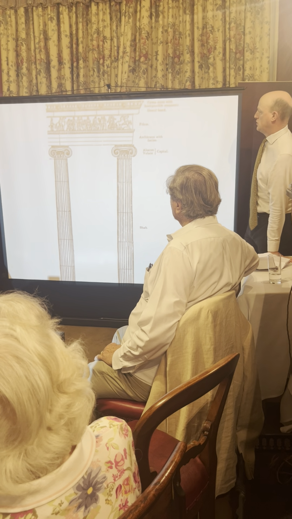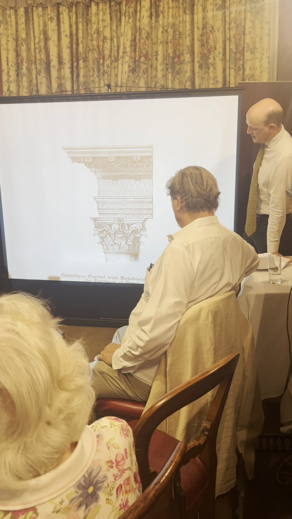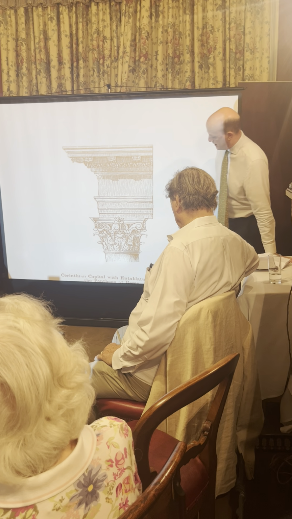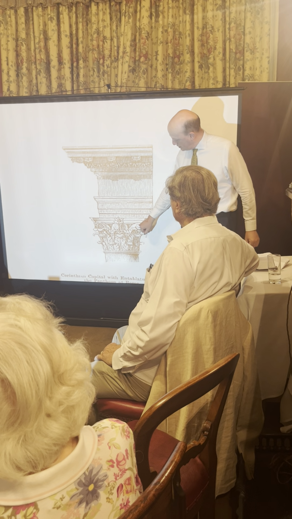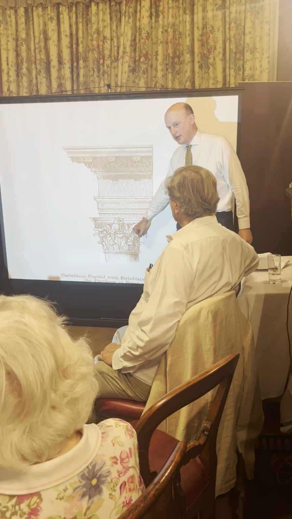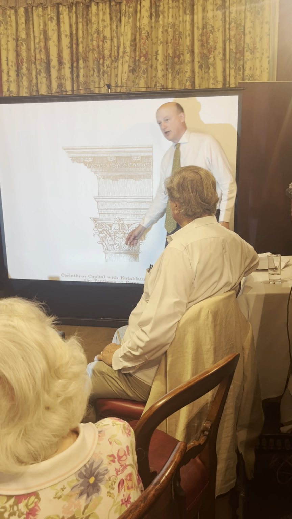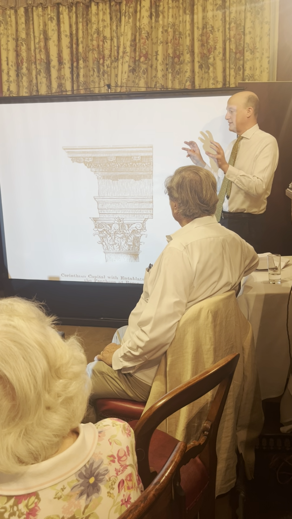Next slide, please. And then this is our next order, the Corinthian column, which has tiny little volutes. You see there? It's important to notice the size of the volutes, and then combined with acanthus leaves. So Ionic columns don't have the acanthus leaves.